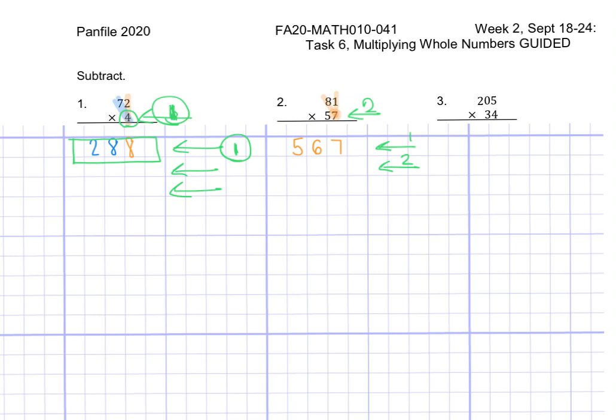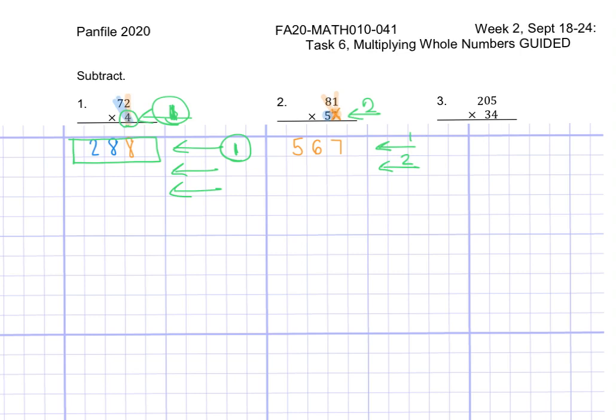Now we're looking at this 5. We're done with the 7, and now we want to multiply with the 5.